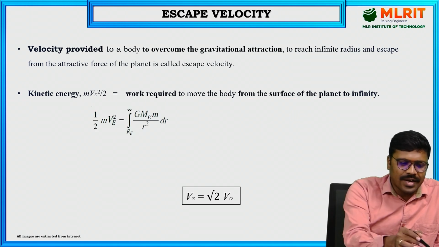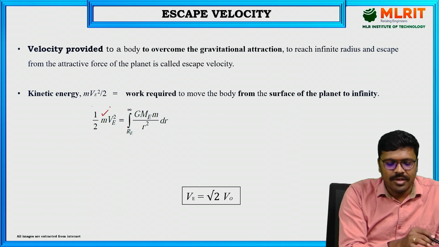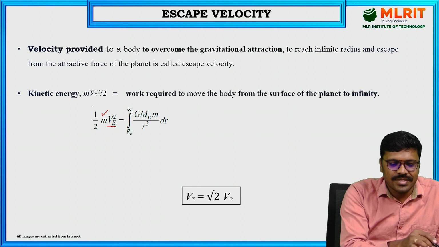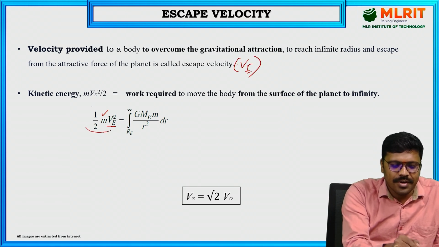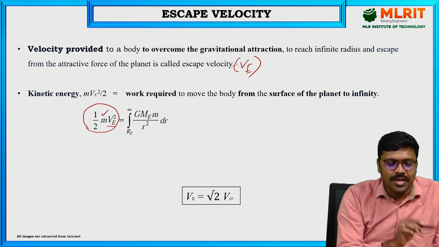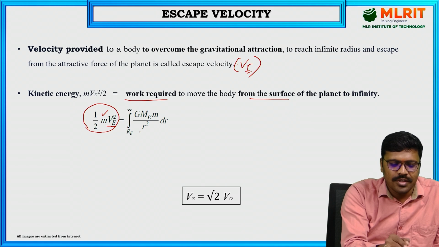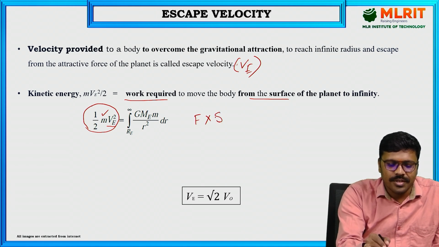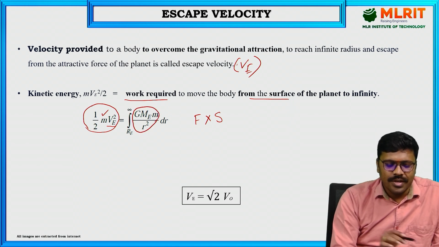If I take the kinetic energy required for a body of mass m, and if Ve is the escape velocity, then the kinetic energy provided to the object is half m Ve square, and this is equal to the work required to move from the Earth surface. Work required is nothing but force into displacement. What is the force acting here? The gravitational attraction force, that is capital G m by r square, into distance.